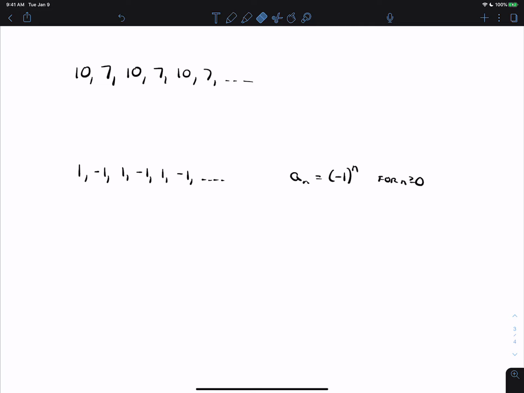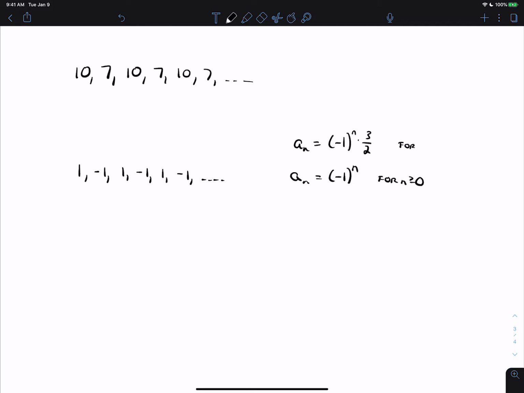The gap between 1 and -1 is 2. The gap between 10 and 7 is 3. So to go from 2 to 3, we're going to multiply by 3 halves. If I multiply by 3 halves, I get (-1)^n times 3 over 2.